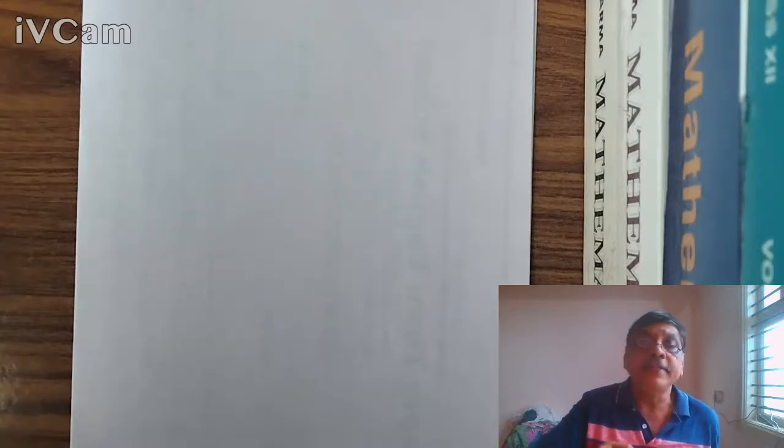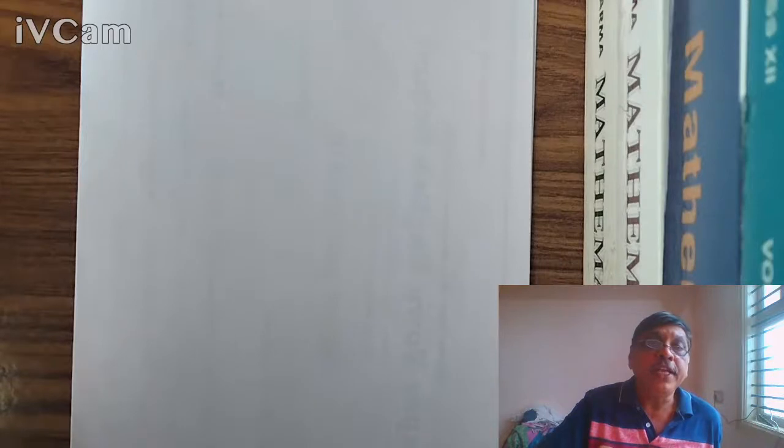In today's class, we discuss the continuation of lecture 1. In case you have not seen my earlier video, please go through it. You will get my link in the description box.